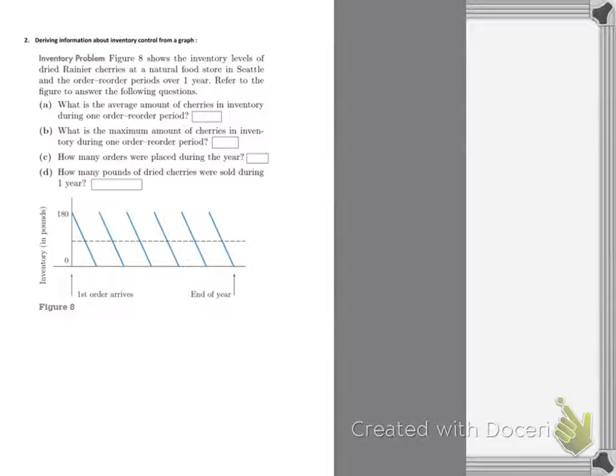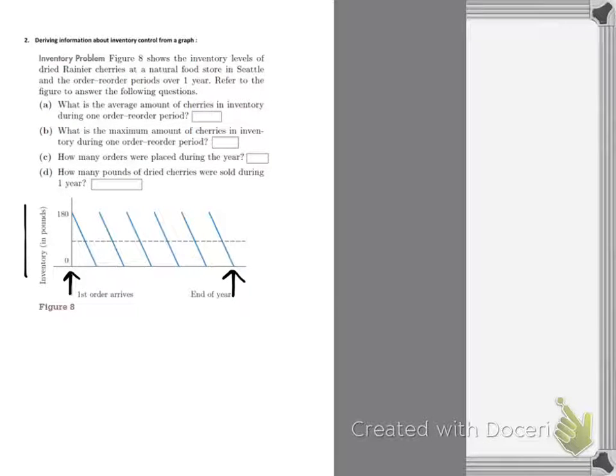Okay, take a second to look at this figure 8. Figure 8 shows us some inventory, which is labeled on the y-axis right there, and then I see the number goes from 0 to 180. I see right here the first order arrives, and here is the end of the year.